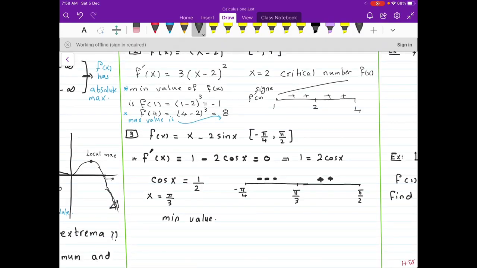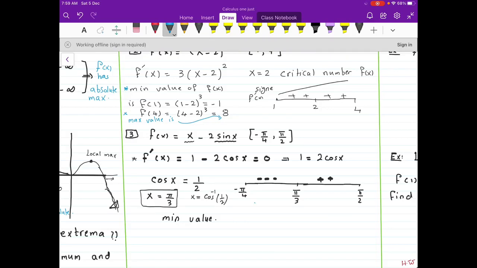To find it, f prime of x is 1 minus 2 times the derivative of sine x, which is cosine x. To find the critical points, set it equal to 0, so 1 equals 2 cosine x, so cosine x equals 1/2.